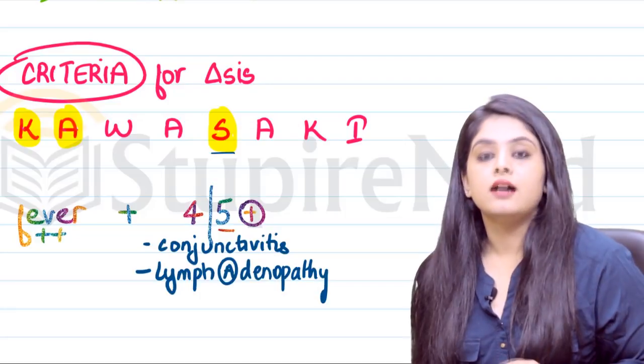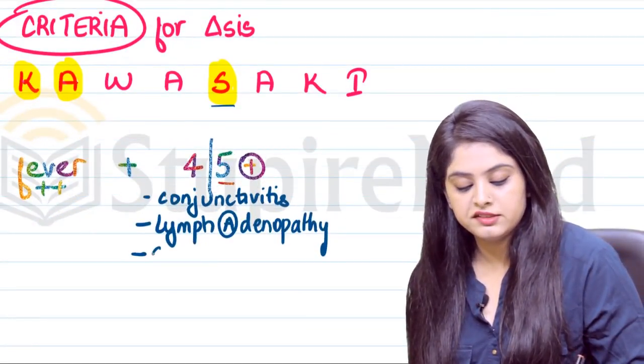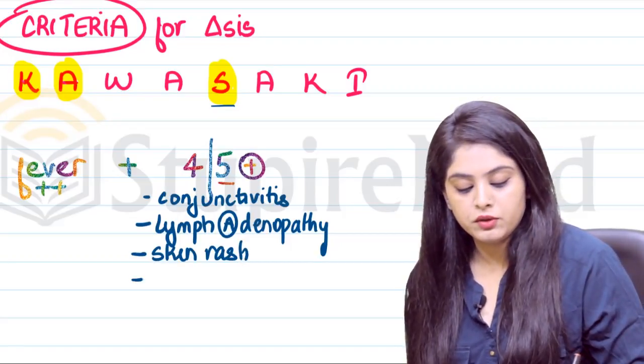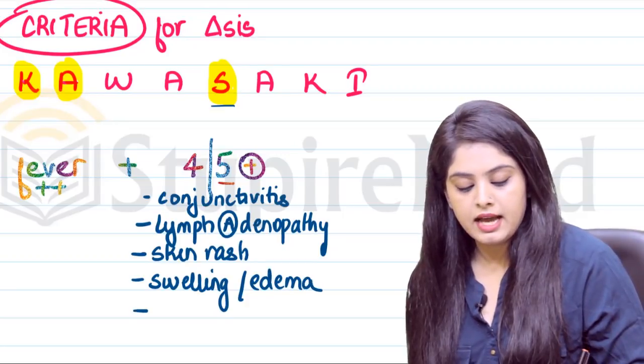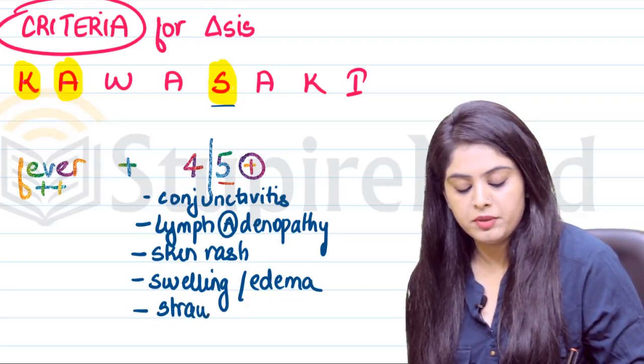S that we had in Kawasaki was for the skin rash, first of all, was for swelling or edema, and for strawberry tongue.